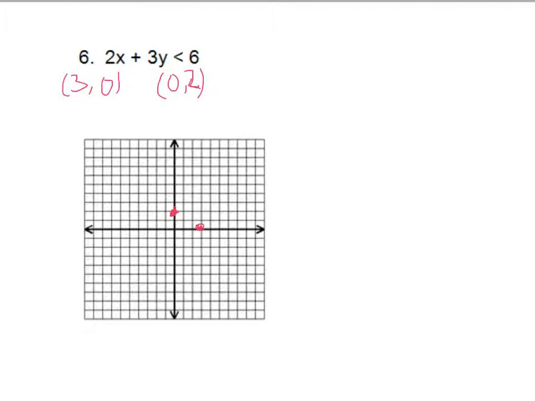Okay, now it's less than, so I'm going to have a dotted line. All right, and then after looking at the inequality, it's less than, so I'm going to shade below. Again, if you don't trust yourself, pick a point. Test it.